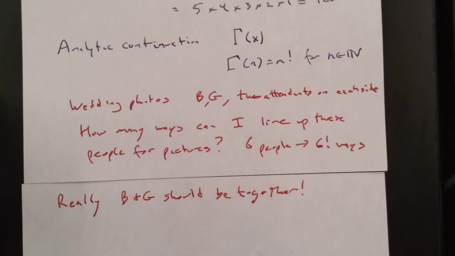So how can I adjust my counting idea? I'm going to put together ideas from last week and this idea today. How can I rearrange my counting idea? Keep the bride and groom together.